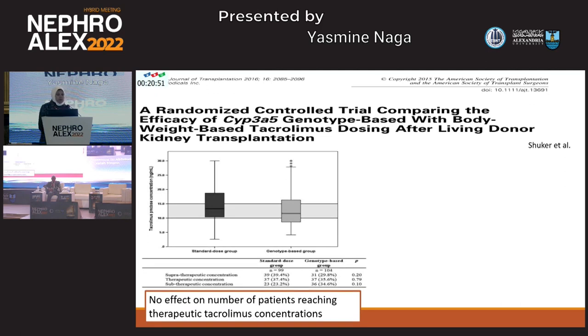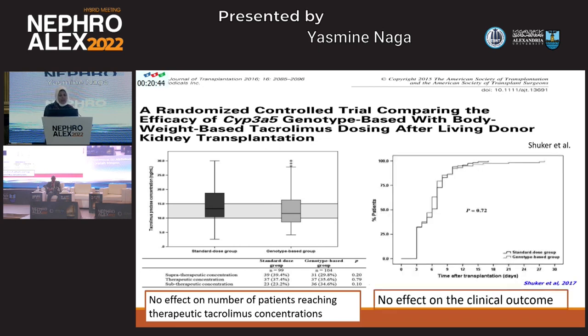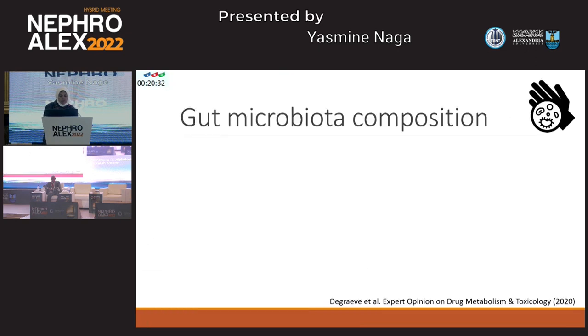However, in these trials there was no effect on the number of patients reaching therapeutic tacrolimus concentration, and there is no effect on the clinical outcome, so it cannot yet be used to prescribe the adequate dose, but we should know that it is an important cause in the variability between patients.